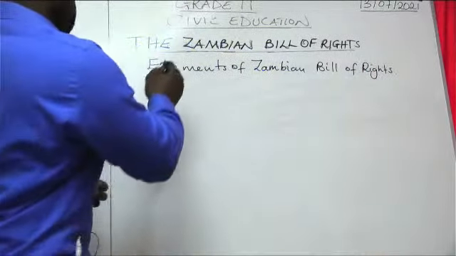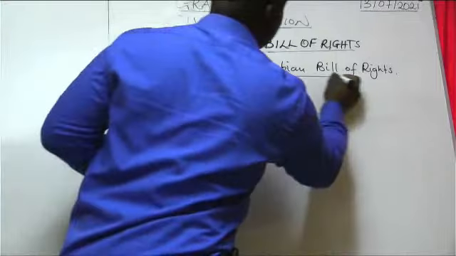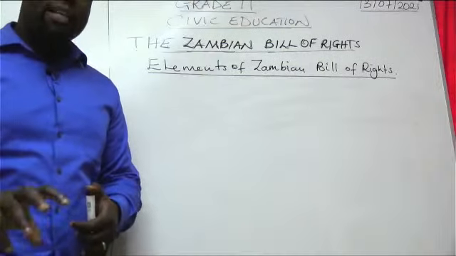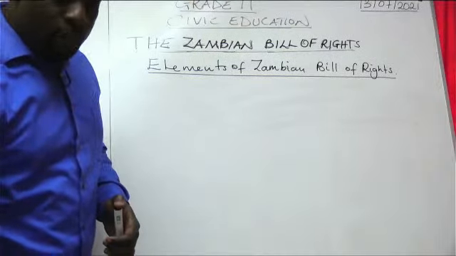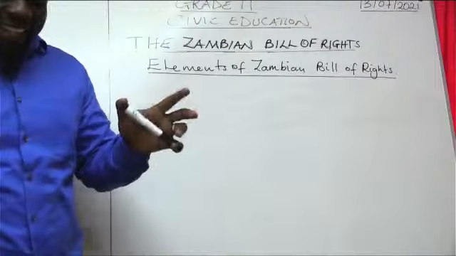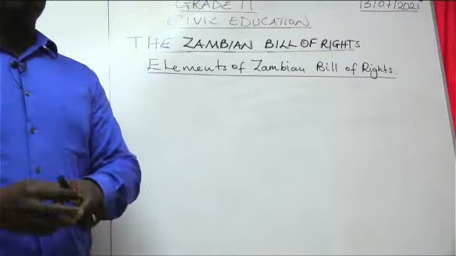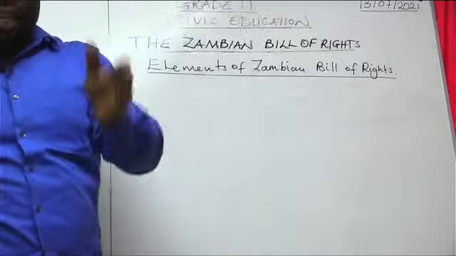Okay. So the elements of the Zambian Bill of Rights. The current Bill of Rights forms Part 3 of the 1996 Constitution, covering articles from 11 to 32.